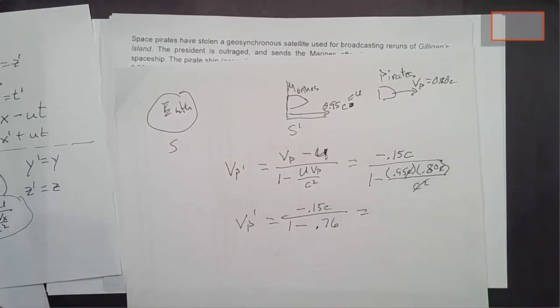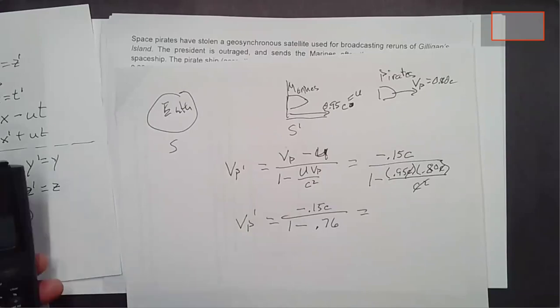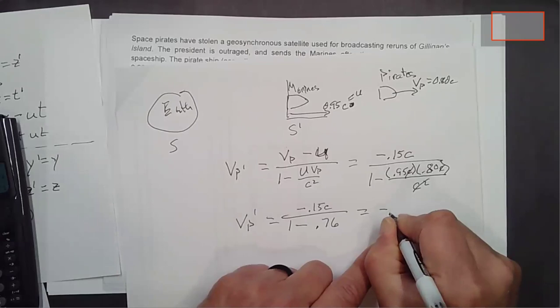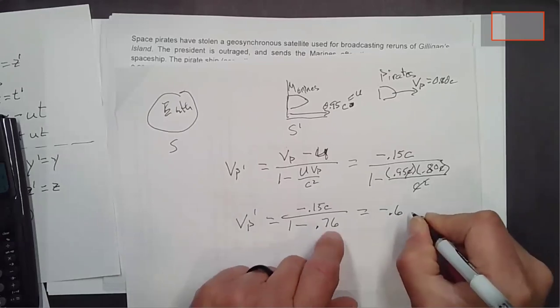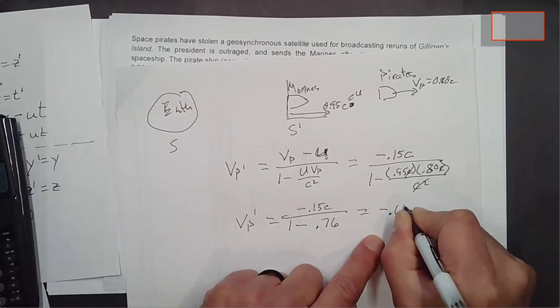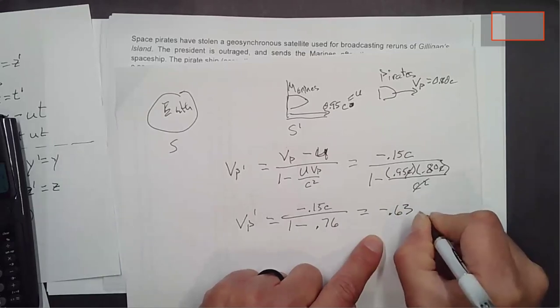Anyway, I get, rounding to two significant figures, minus 0.63 C.